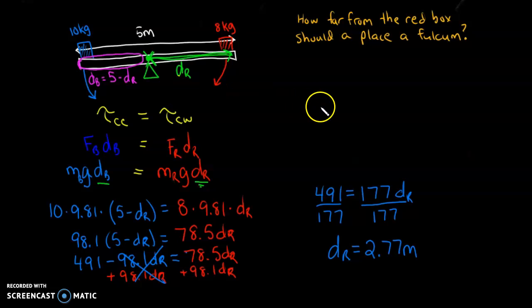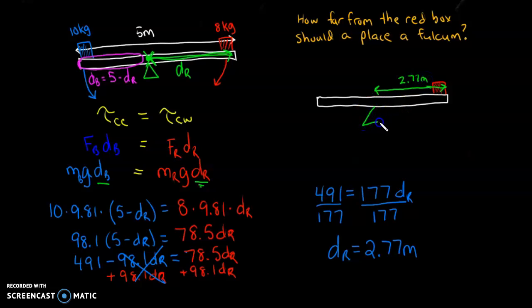So let me redraw my image over here. So I have my red box, and it is going to be a little bit more than half, 2.77 meters into my 5-meter stick, which would mean my blue box, which is more massive, would be the remainder of that.